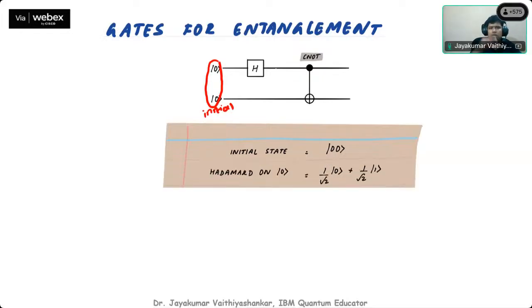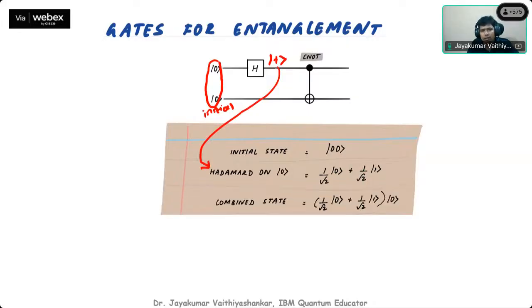So what happens if you go through the Hadamard gate? It will become the positive state. How will you represent the positive state? By using this equation: 1 over root 2 multiplied with state 0, plus 1 over root 2 multiplied with state 1. Then what happens if you go through the control NOT gate?